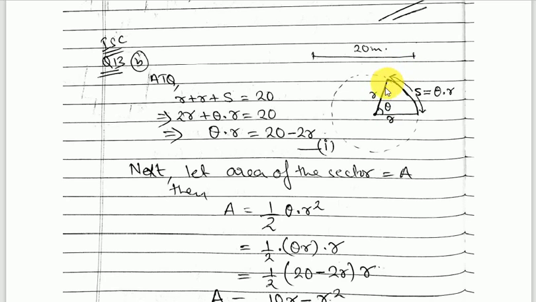Sector means this will be equal to the radius of the circle, this will be equal to the radius of the circle, and this is the arc. When you take the sum of this r and this arc length, then the total should be 20 meter. So that person is going to put the fencing in the shape of a sector of a circle.